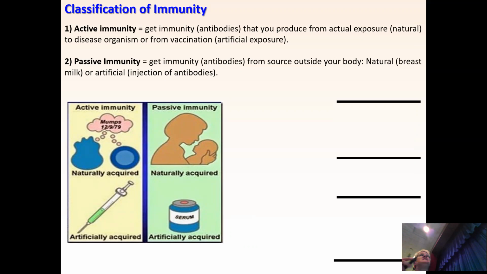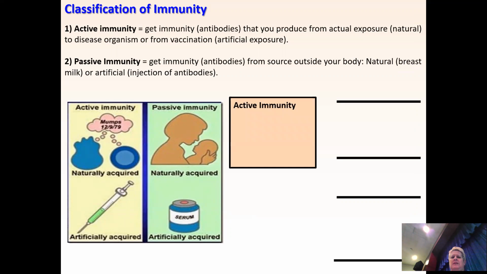All right, that takes work, 2 to 3 weeks of work. That's why it's active. And we've got two subdivisions of that. And passive, your immune system does not have to do the work at all. You're given the antibodies. So two classifications of that.